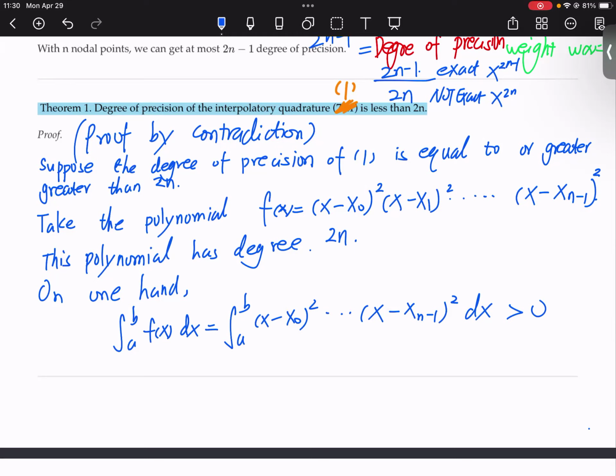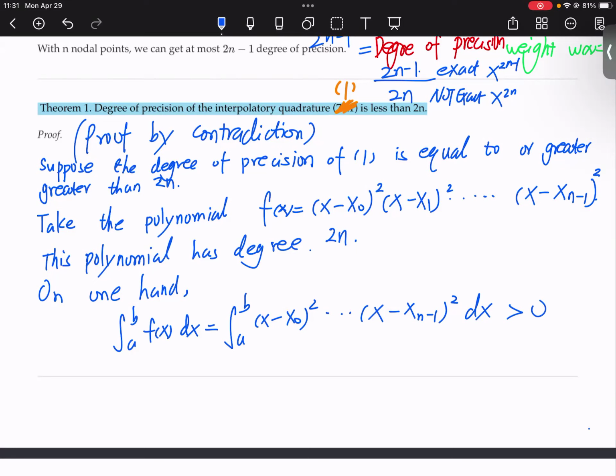For example, this is a and this is b, and we have x0 here, x1, x2, and this is xn minus 2, xn minus 1. For this point we have 0, and for this point we have a 0 value, because if we plug in x equals x0, this value is just 0, and if we plug in x equals x1, we also get 0.